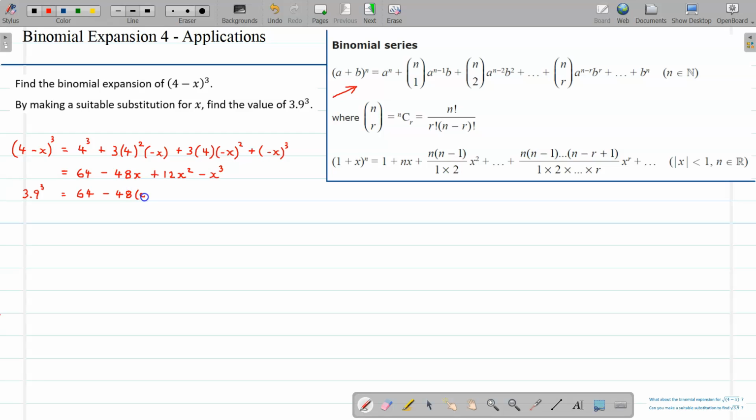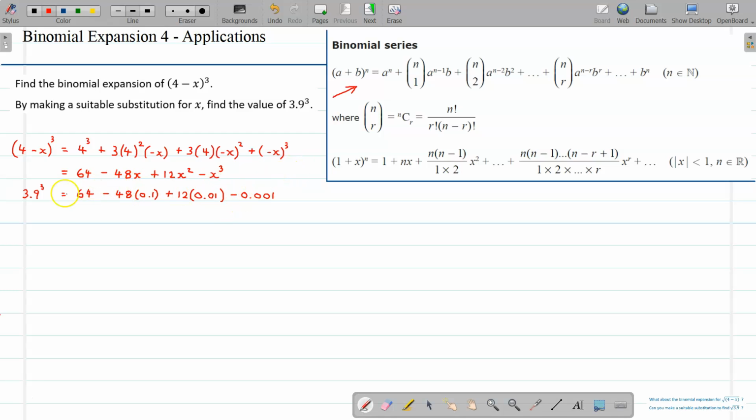Now I am writing it out in full here. You could of course see that that's going to be negative 4.8, but we'll do that on the next line. Then we're going to have plus 12 times 0.1 squared, or 0.01. So I'm squaring the 0.1 there, and then I'm going to take away 0.1 cubed, which is of course 0.001.